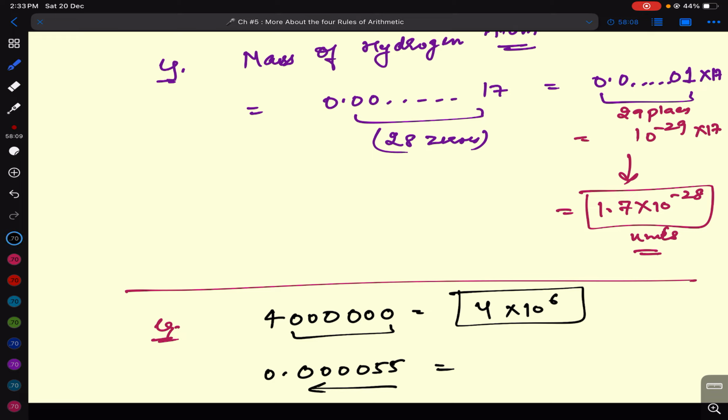How many decimal places? 6. So it will become 55 times 10 to the negative 6. So it is 55 times 10 to the negative 6.